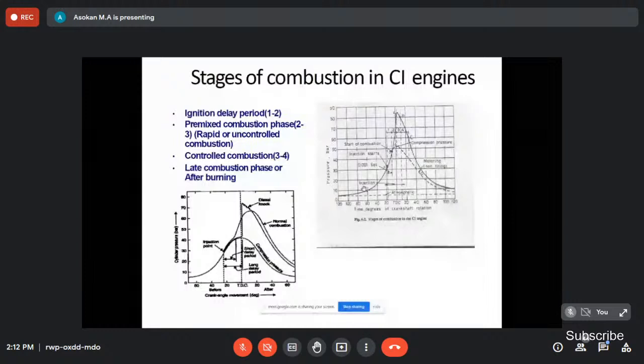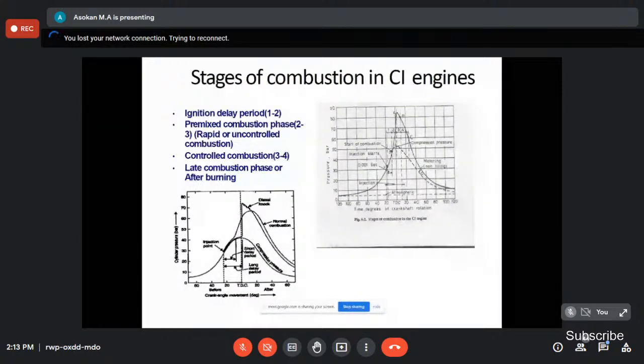And here the knocking, detonation or knocking, occurs before the TDC at the time of combustion, because of the sudden pressure rise, so there is vibration at that time.